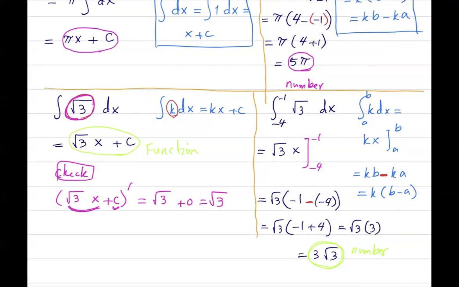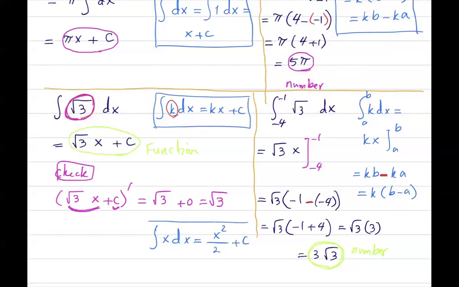And again, please pay attention to the formula. The integral of x dx is x squared divided by 2 plus the constant of integration, which is different from the integral of k dx. k is just a number, but if you have x inside the integral, you end up with x squared divided by 2.